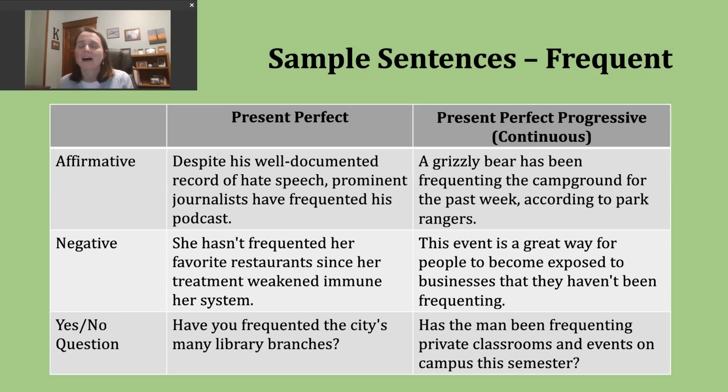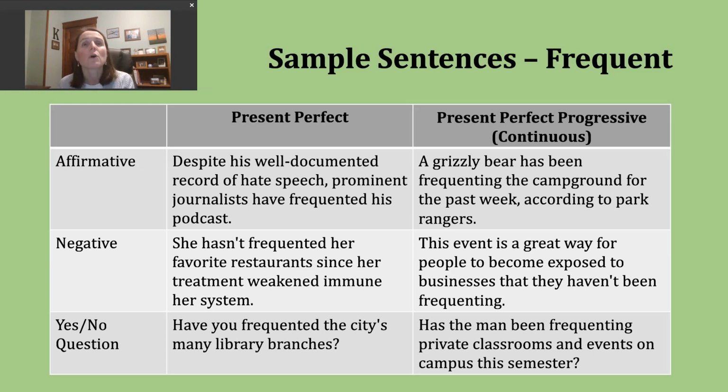So here we have somebody who's maybe undergoing a rather serious medical treatment for a particular illness. That treatment is causing her to be very susceptible to catching communicable diseases, so she is not habitually visiting this favorite restaurant.